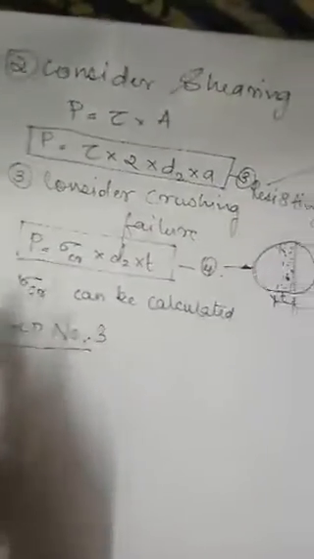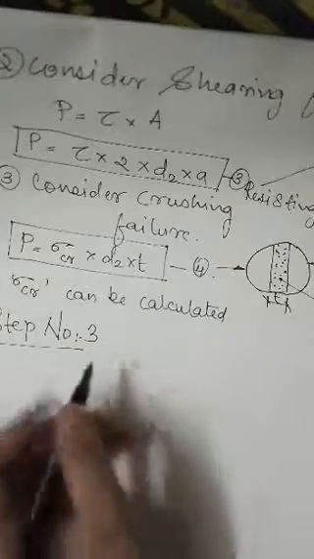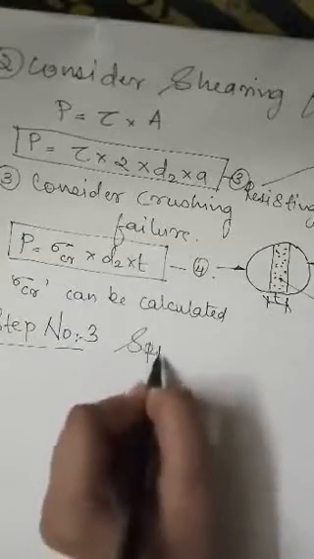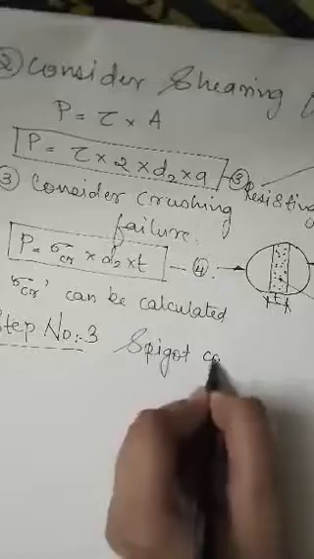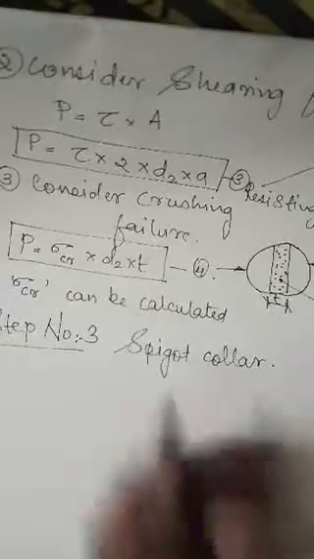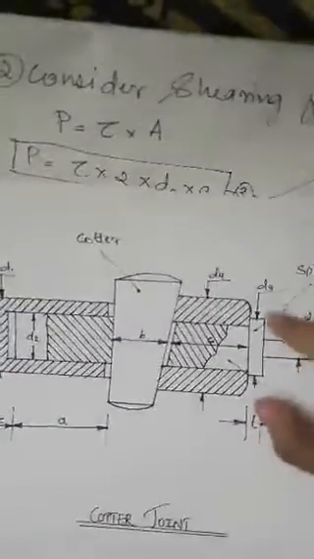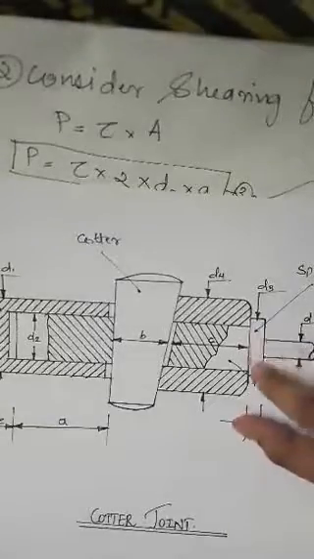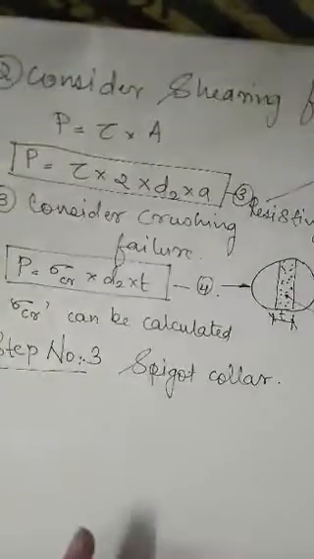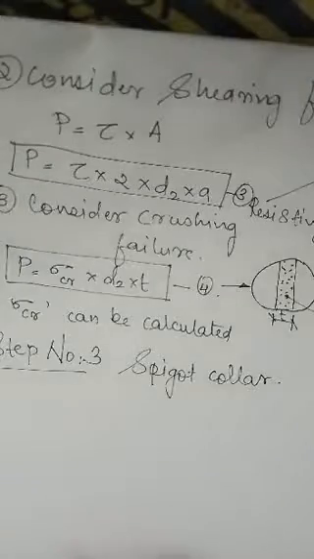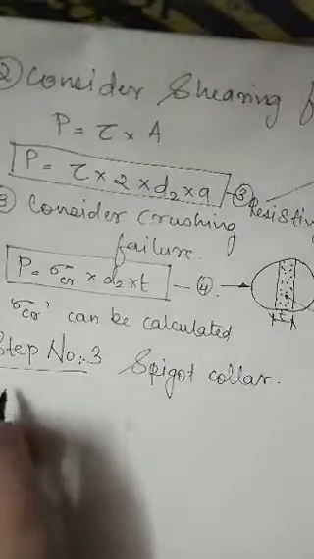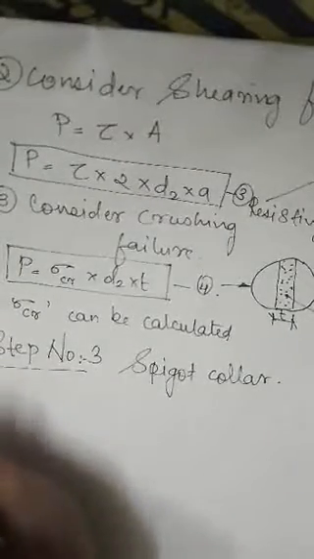Now for step number 3, we will design the spigot collar. The spigot collar, this portion, will be designed in step number 3. For this we will consider shearing failure. Now why shearing failure only?